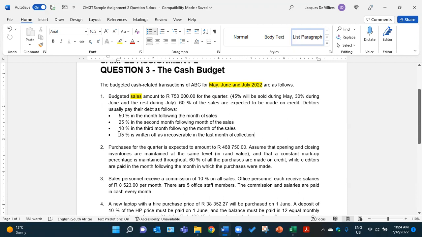Now, the 15% that's written off is not going to reflect in our budget at all, so we can actually ignore that. We are going to only work on the 50, the 25, and the 10%. We also know that some of our sales are on credit and some is on cash. Okay, that's good.